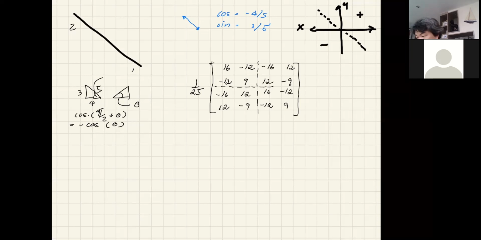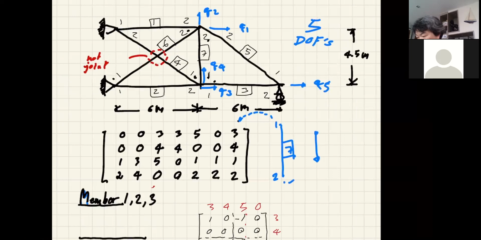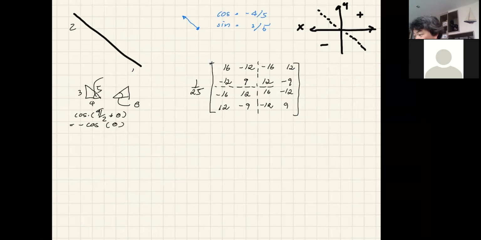Member number 4 has a code here, 3, 4, 0, 0, so you just impose 3, 4, 0, 0 there. So what do you have for member 4?